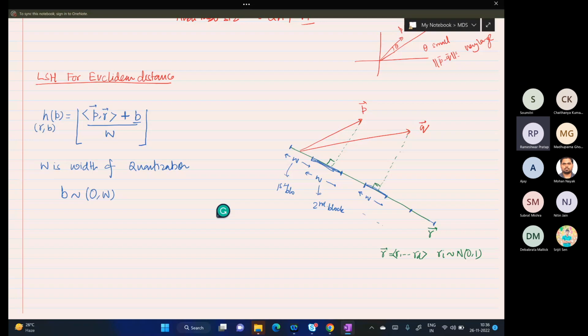Suppose in the first case you choose W as some large value, then points whose distance is large can get the same hash value, right? So W is fixed. All we choose is different B and R.